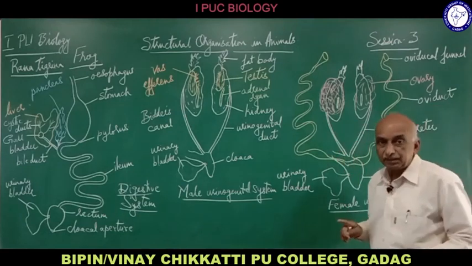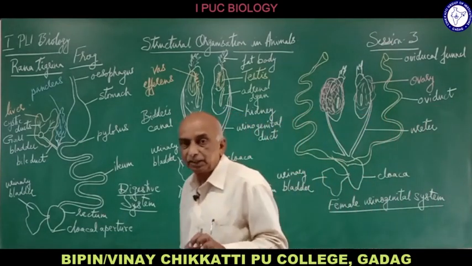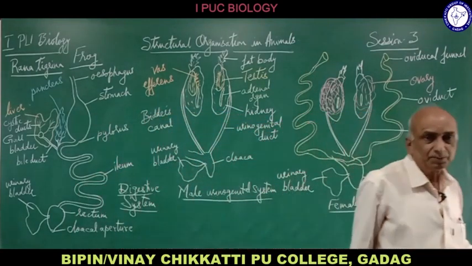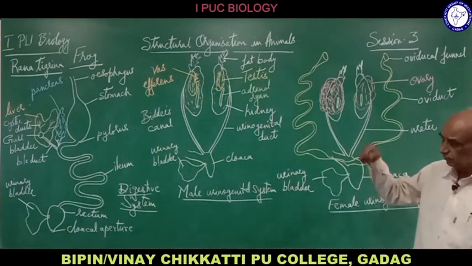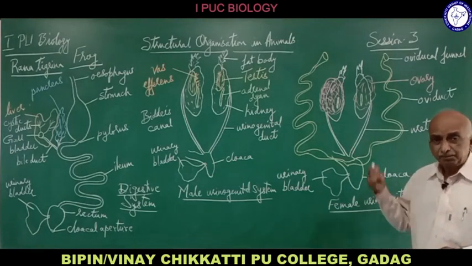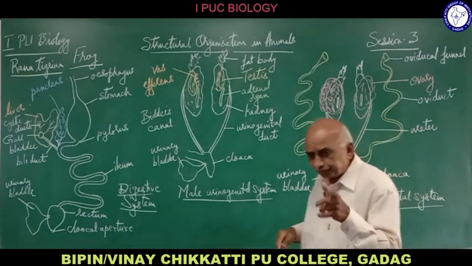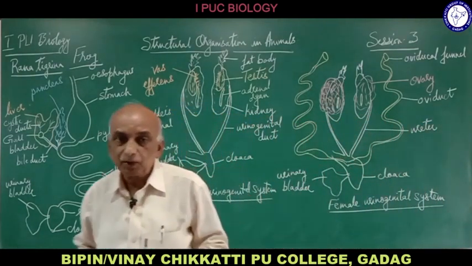In the male, the testis is connected to the kidneys with the help of vasa efferentia, so that the sperms produced enter the kidneys. But the ovary is just attached by the help of a membrane called the mesorchium.